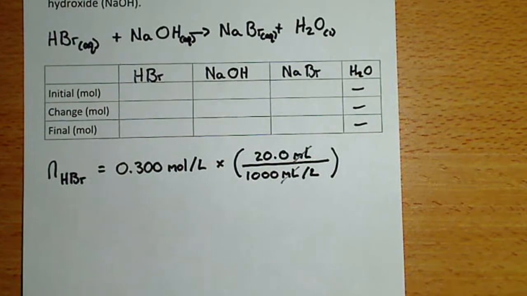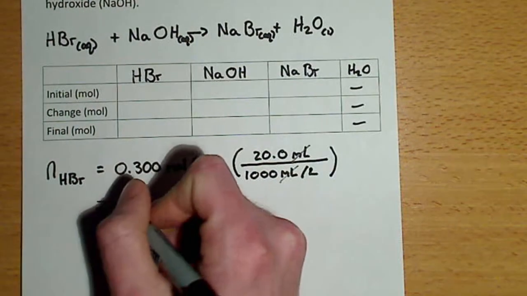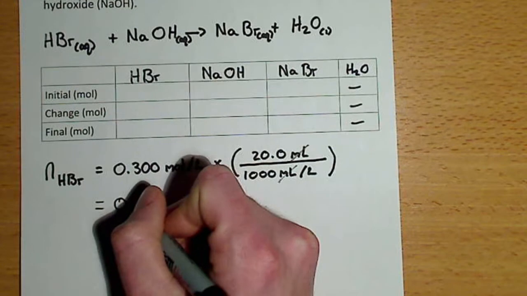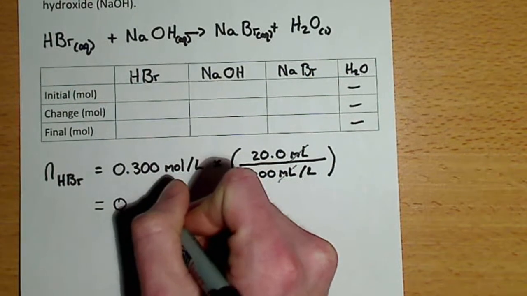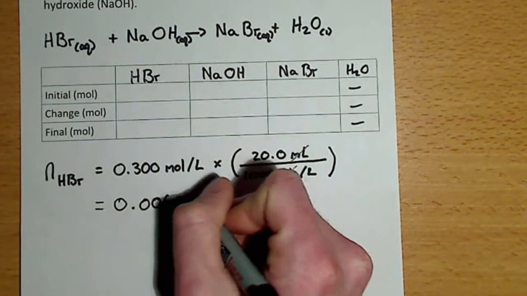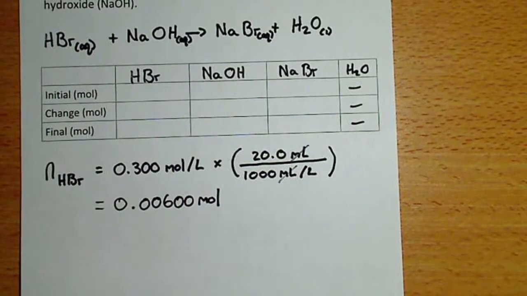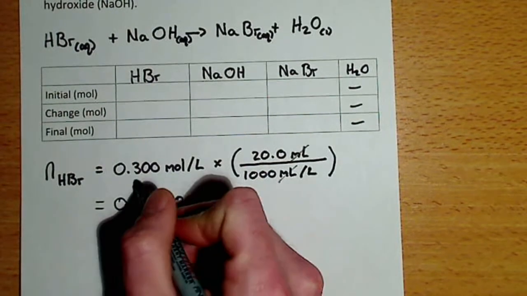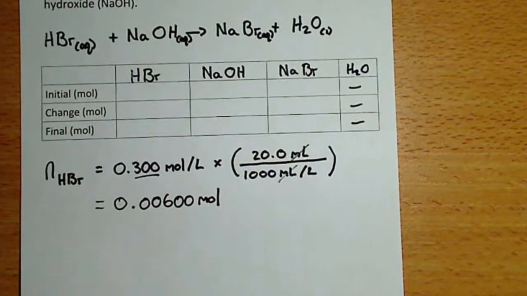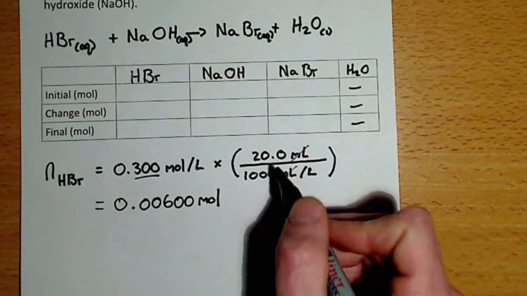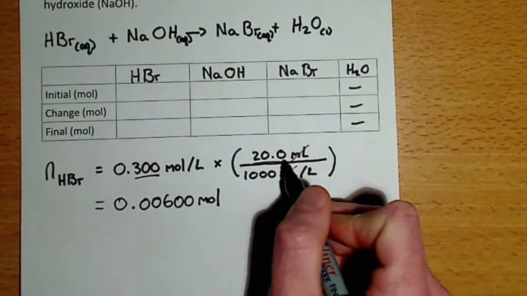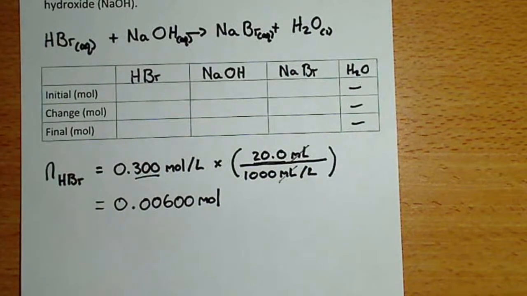When we complete this math, we get a final mole amount of 0.00600 moles. You can see that the concentration I'm provided has 3 significant digits. Furthermore, the volume I was provided also has 3 significant digits.